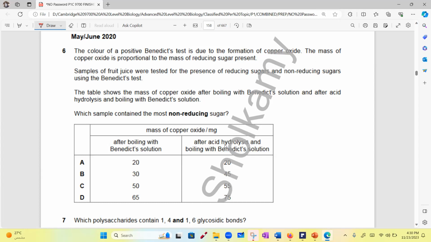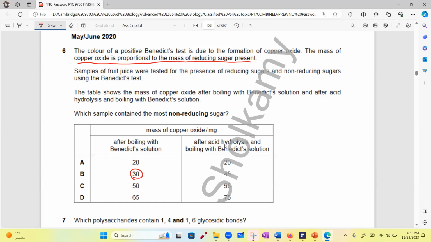No answer? They said here that the mass of the copper oxide is proportional to the mass of the sugar. When I boil with Benedict, for example, I have 30 milligrams of copper oxide, and then I'm going to add an acid and heat it and neutralize it and boil with Benedict again.